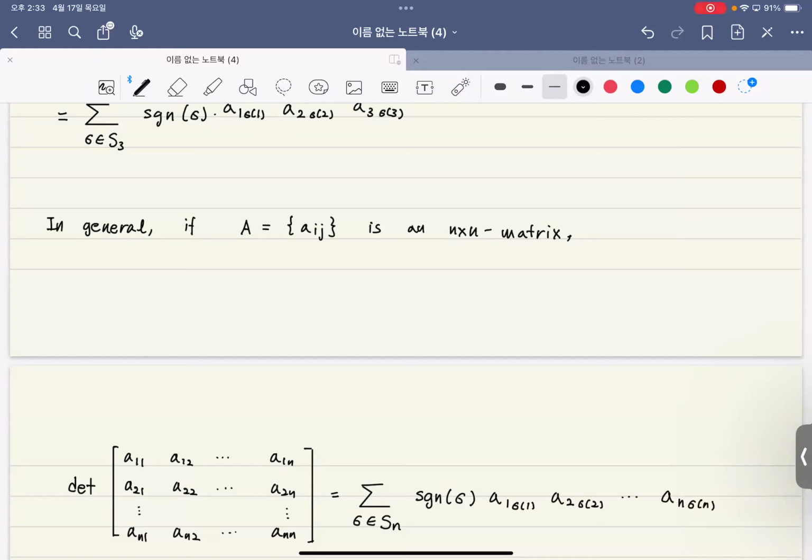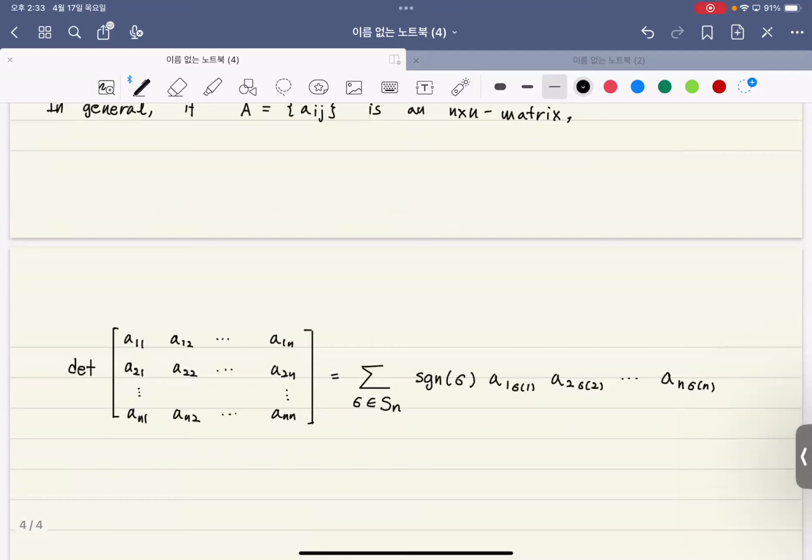I believe this is the right formula for computation of the n by n matrix. Right? Okay. Yeah, I really like it.